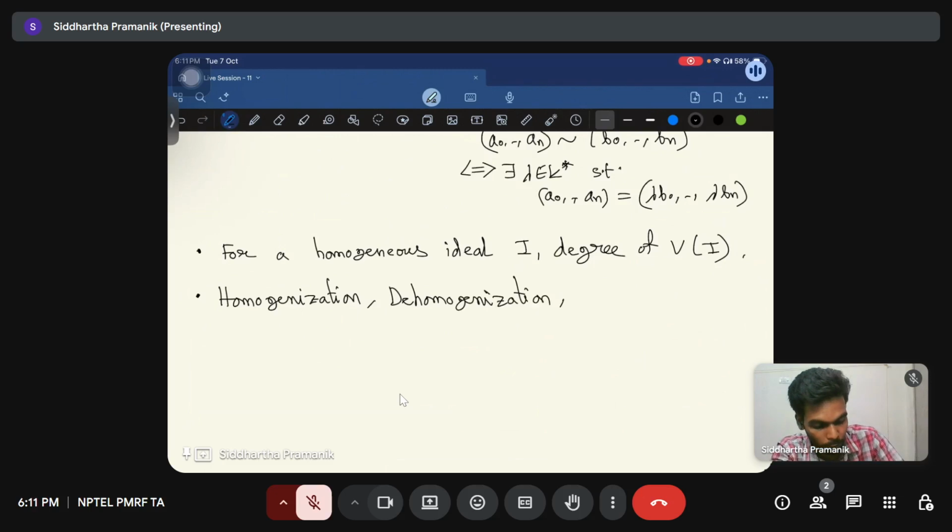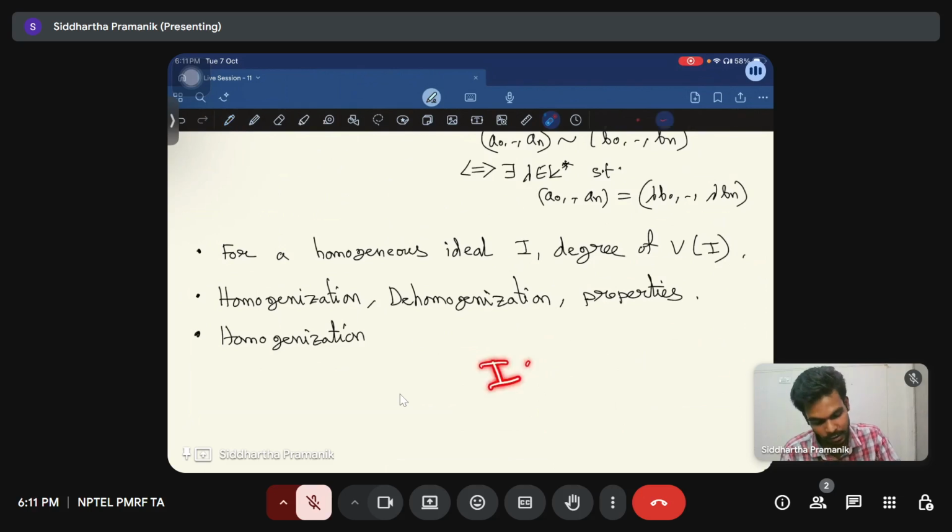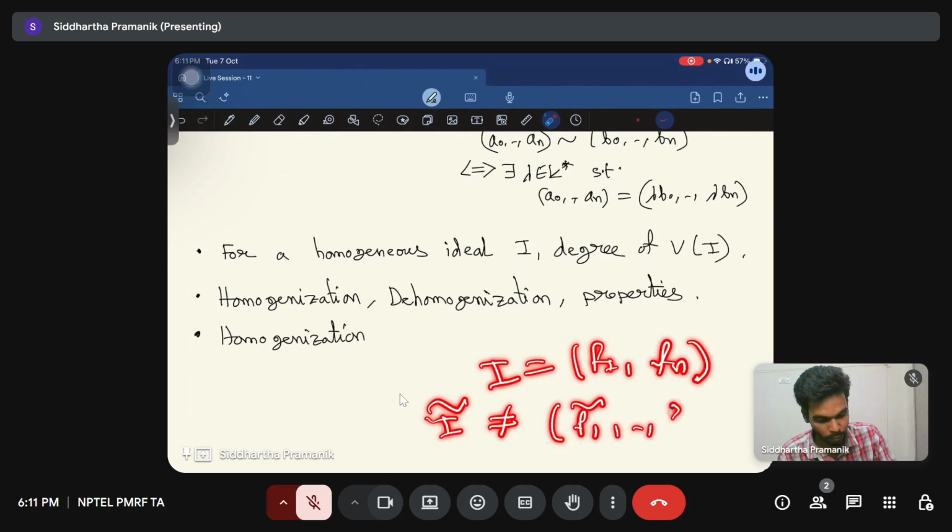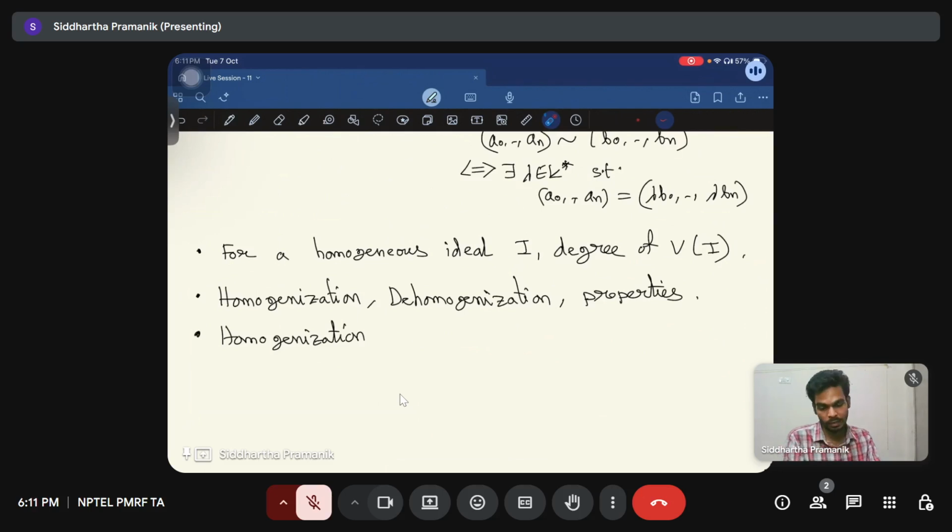We studied some properties of these, and also homogenization of an ideal. If you have an ideal I generated by f1 up to fn, then homogenization of I is not just the homogenization of the polynomials, right? We have to saturate it with respect to the maximal ideal. So this is homogenization of an ideal.